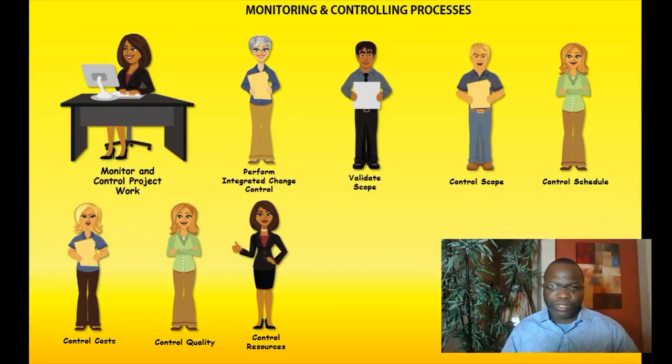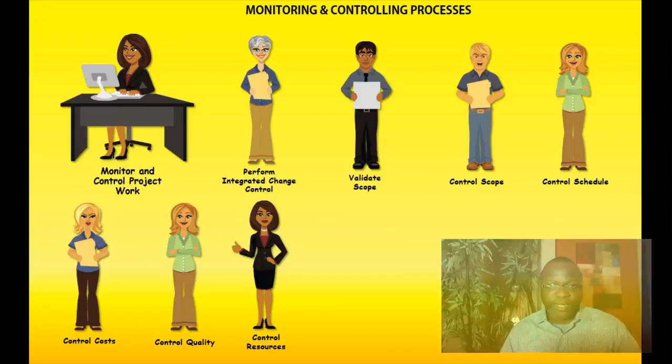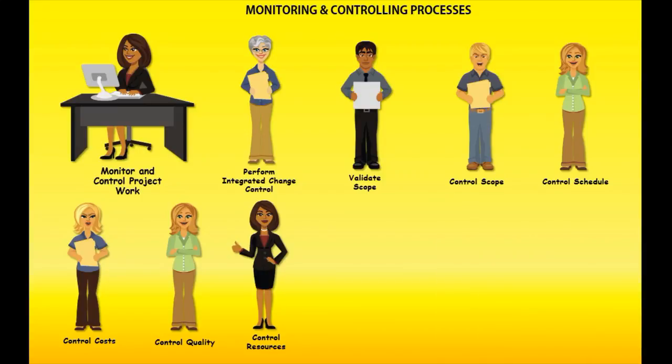In control resources, we need to make sure that those physical resources are being used the right way on the project. We want to make sure that they have been allocated and used as planned. So the allocation is one thing, but the use is another thing. And it's in this process that we seek to ensure that the usage is what was intended.